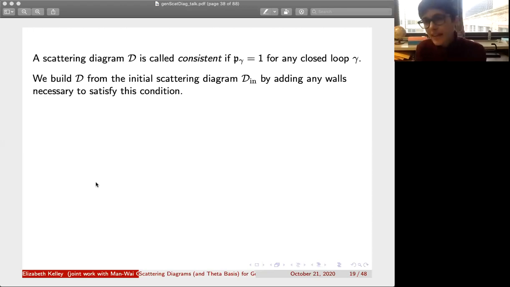But one way that you can build the diagram from the initial scattering diagram is to check if a closed loop gives you a path-ordered product of 1, and if it doesn't, often it will suggest what wall you should put in. This is kind of slow and laborious in any example larger than A2. So there are actually better algorithms that you can use, but I'm not going to talk about them at all.